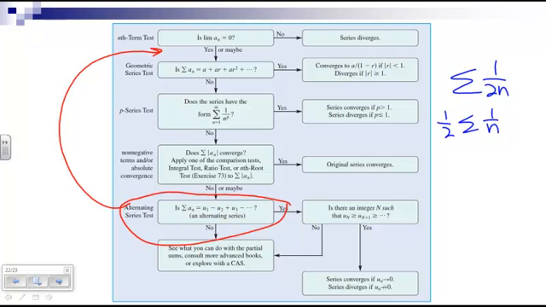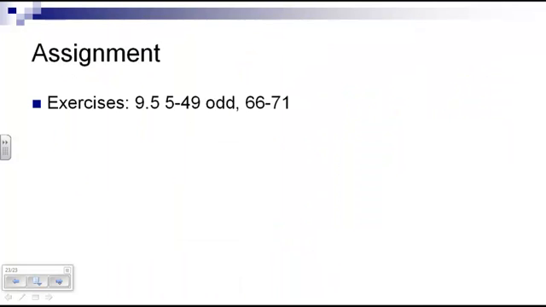But there is a way of proceduralizing your attack on these series, and again, with the exception of me moving the alternating series stuff a little bit higher, not too bad.